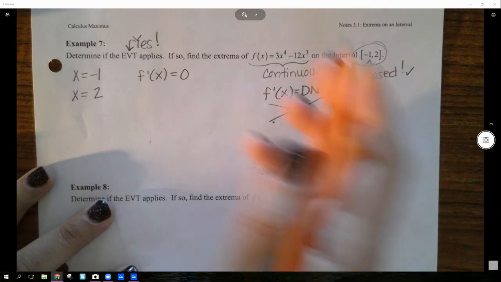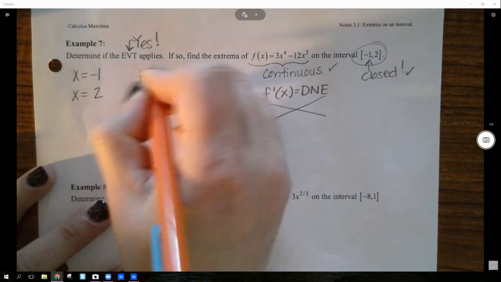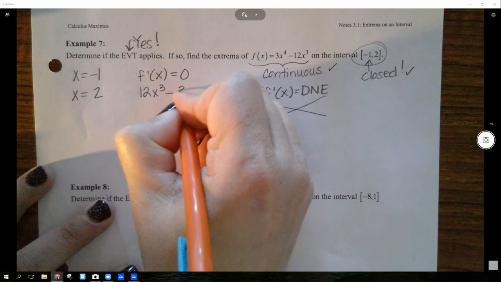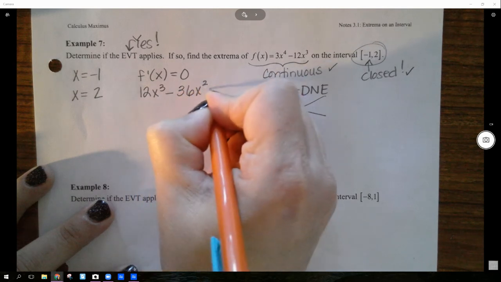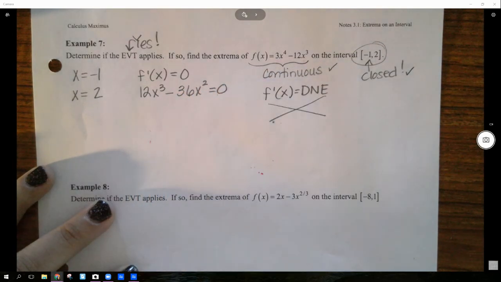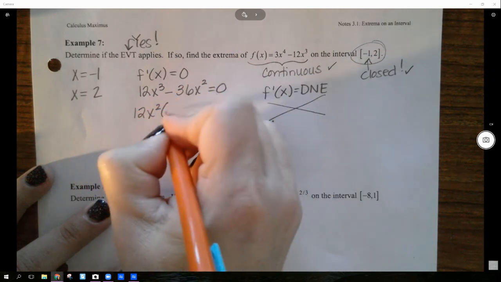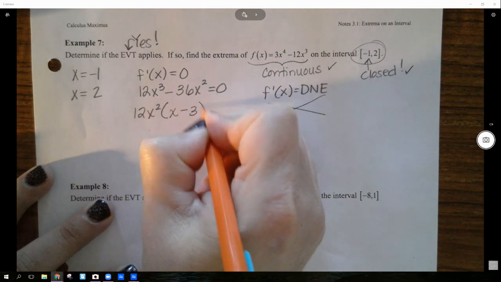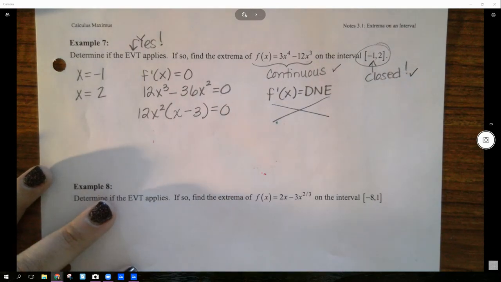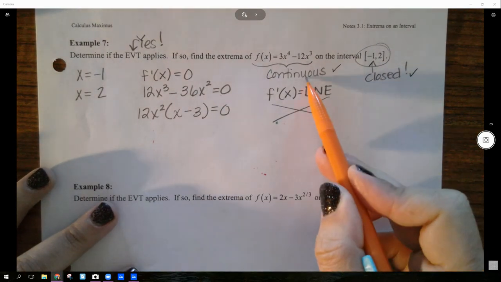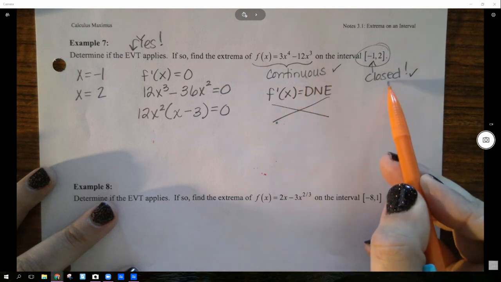Let's take the derivative. So this would become 12x to the third minus 36x squared. Set that equal to 0. Factor out a 12x squared. You're left with x minus 3. That equals 0. So far, we have checked off that we're continuous. We're on a closed interval.